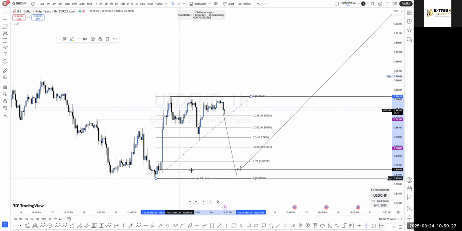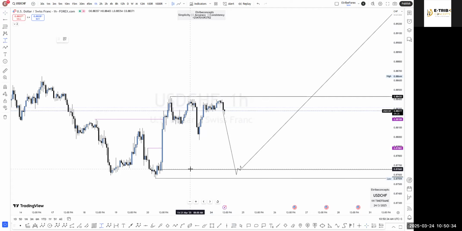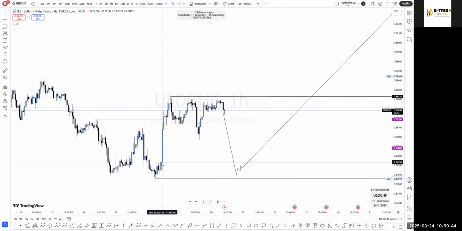But I will go for the lower side. How many pips are these? I want to see if the pips are good. 9 pips, 10 pips. All that. Oh, then that means I can as well decide to have my entry exactly here. So that if the market might miss, that is going to give us 16 pips.